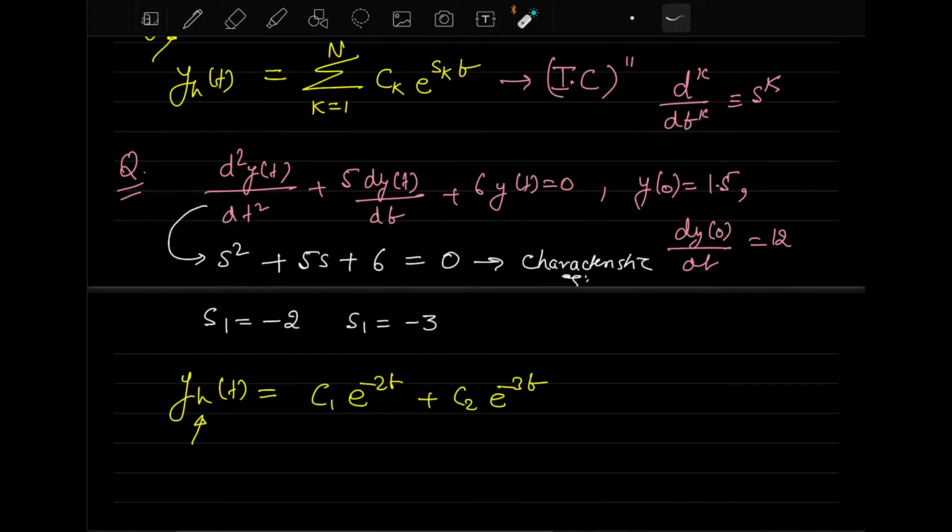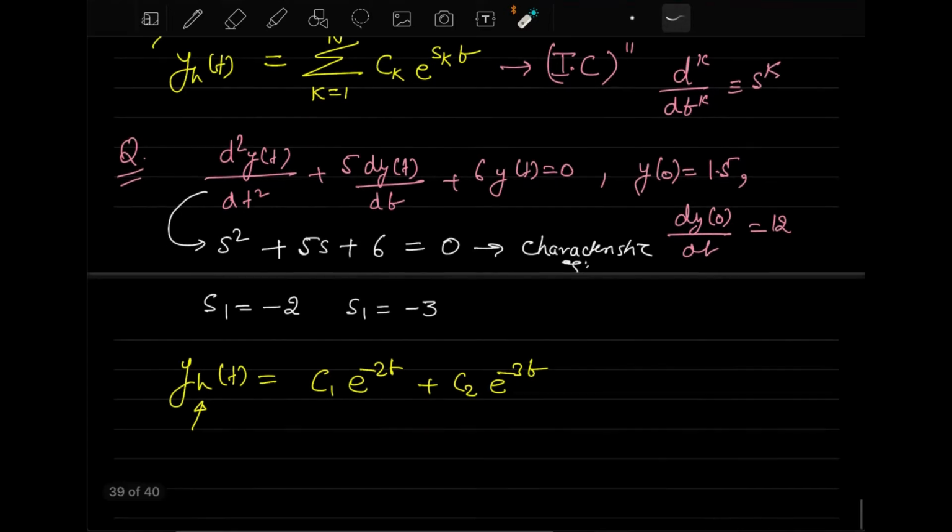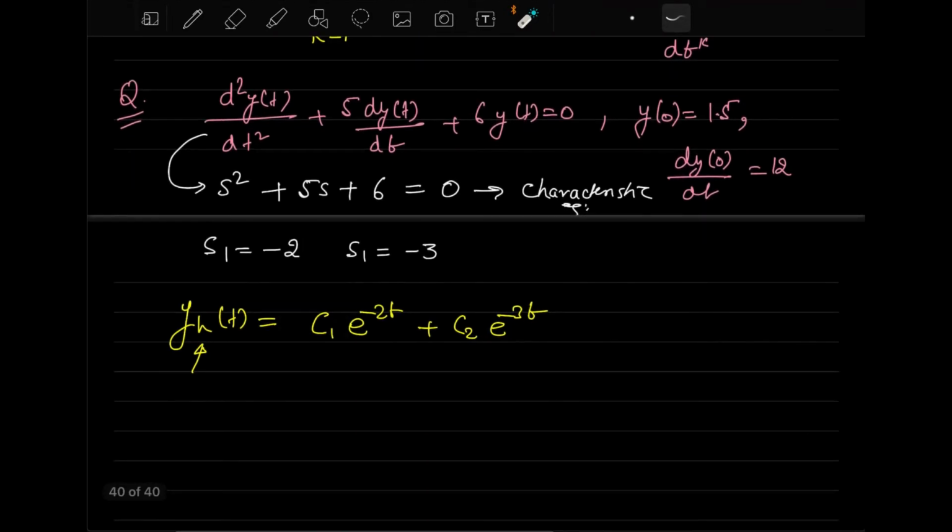Now you can see that we have this answer, but the problem is that we do not know the values of C1 and C2. So the second target is to calculate the values of C1 and C2. This can be done by seeing this differential equation, and you know that at time t equal to 0, the value of y(0) is 1.5.